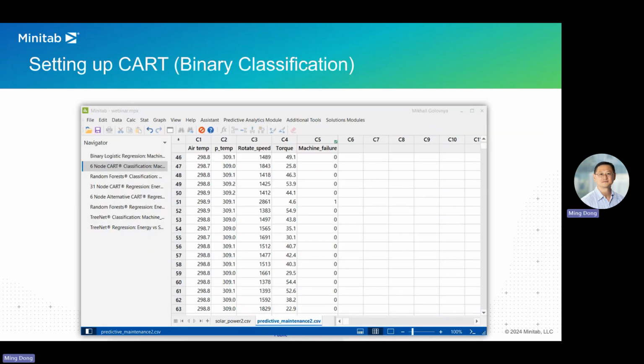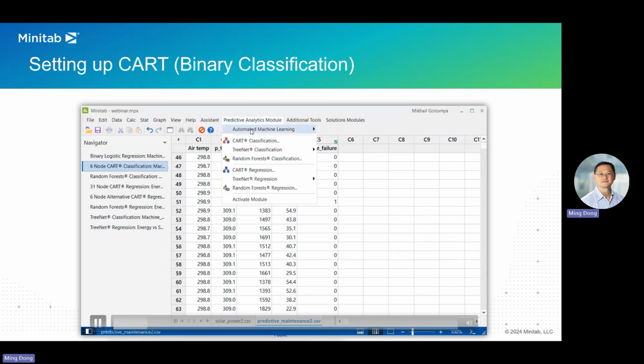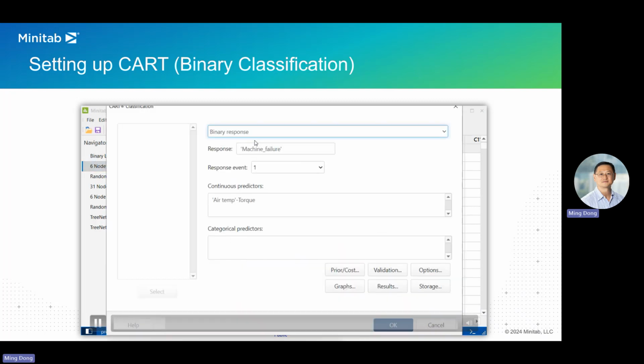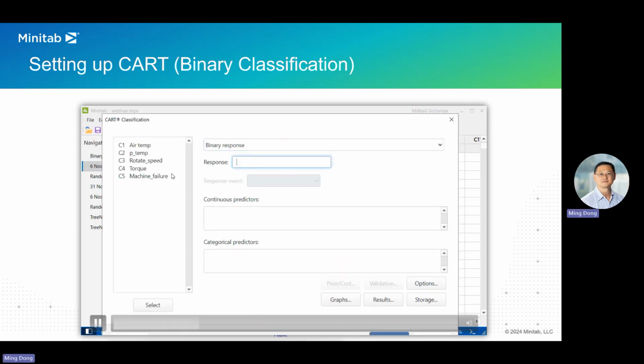Okay, so let's see how Minitab runs this. I'll play a 30-second video just to show you how Minitab can run this. Go to the Predictive Analytics module, then to classification. For the response, I'm going to key in machine failure, because it's 1, 0.